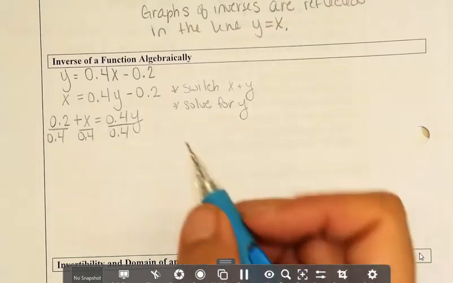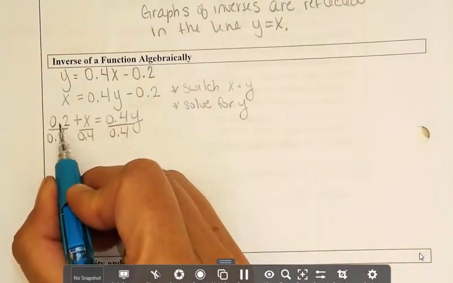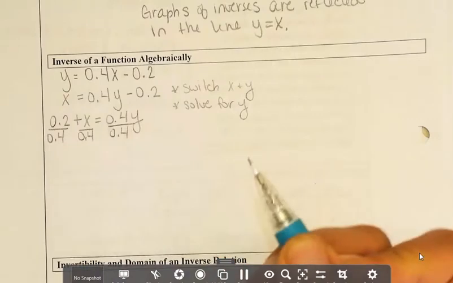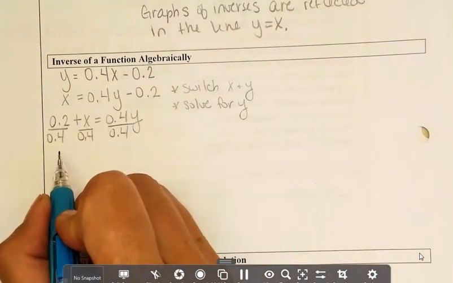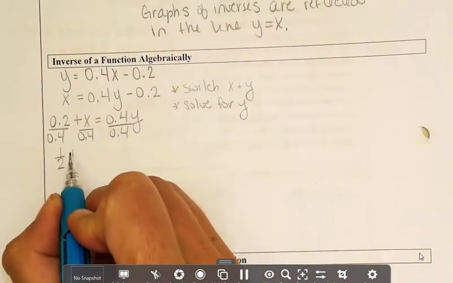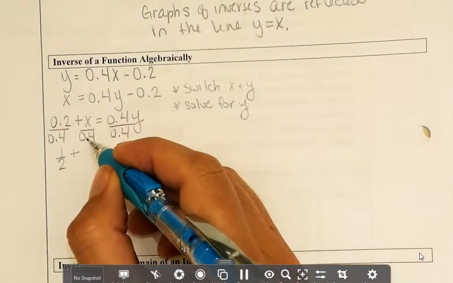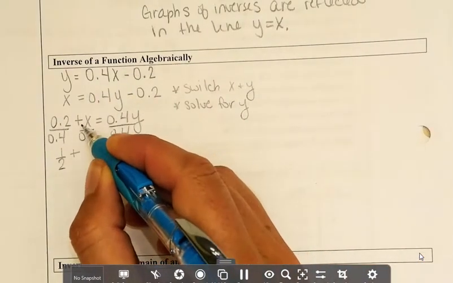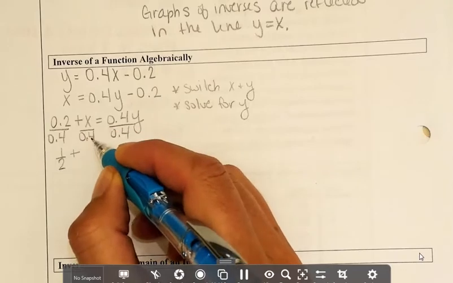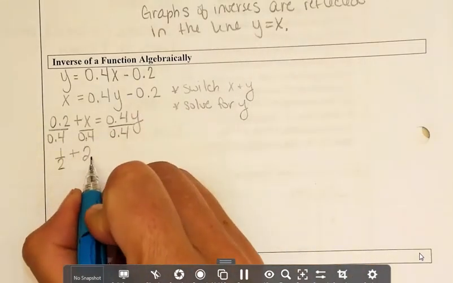When I do that, I end up with, if I move both decimal places, 1/2. Here, if I were to move one decimal place, this would become 10. So really, I've got 10 divided by 4, which is 2.5x.